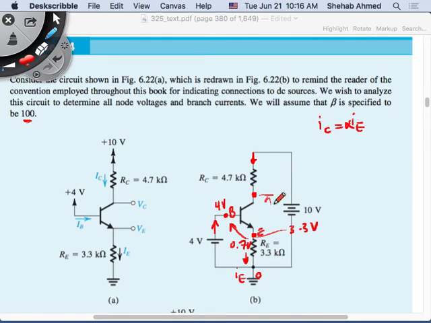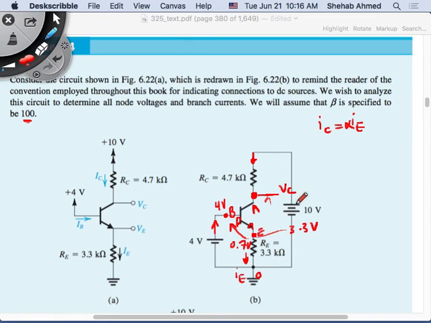You can calculate this voltage with respect to ground, because we know the voltage here with respect to ground. If we can calculate the voltage here with respect to ground, then I will know the difference between these two, and I will know if this junction, this NP junction, is forward biased or reverse biased, right?